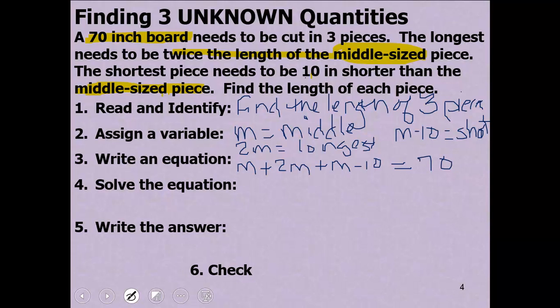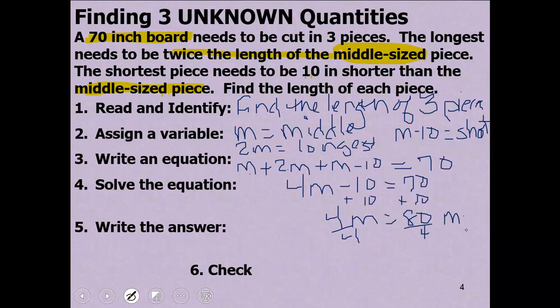Now we have one equation, and we just have to gather up our M's. M plus 2M plus M, that's 4M minus 10 is equal to 70. I'm going to add 10. And 4M is equal to 80. And divide by 4.